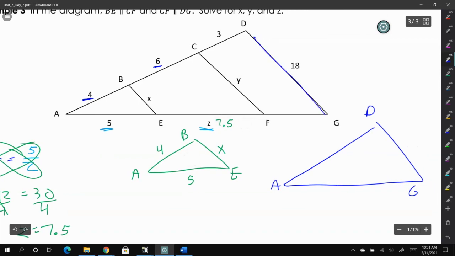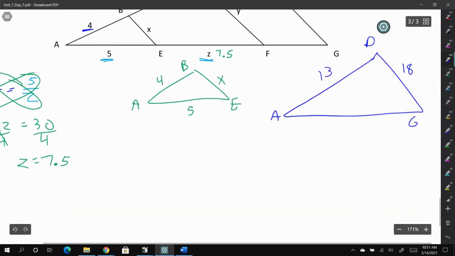We can clearly see that. But we can figure out how long AD is. AD is this whole distance here. So 4 plus 6 plus 3, that will give us how long AD is, which is 13.